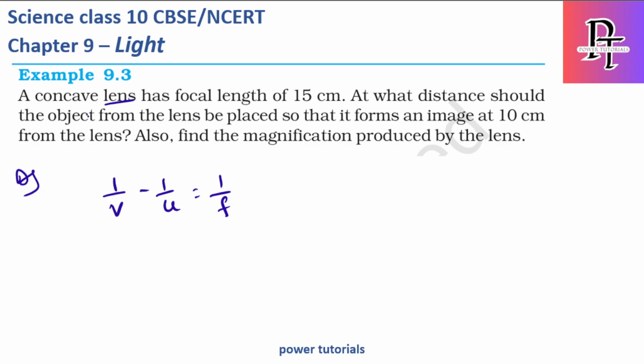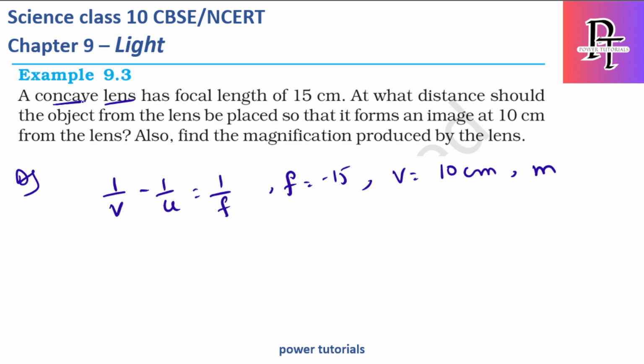So here concave is mentioned, hence the f value is minus 15. It forms an image. Okay, the v value they provided. V value is 10 centimeters. Also find the magnification produced by the lens. So they are also asking the m value. So this is a concave lens.